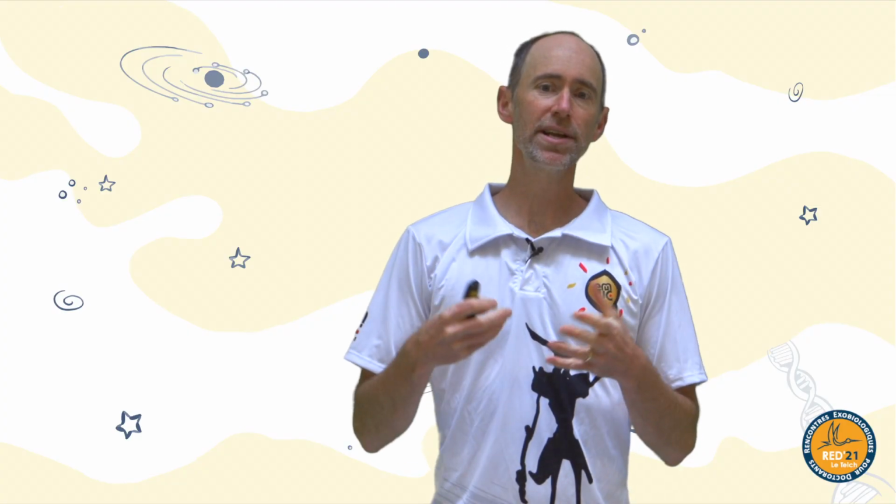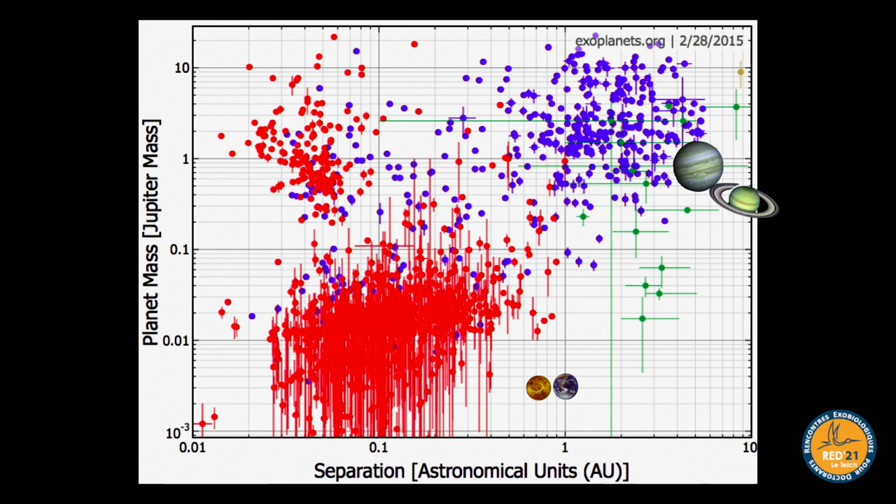So just as a recap, remember this is the population of exoplanets that we've detected so far. And again, this is not perfectly up to date, but these general populations still hold. The super-Earths are this population of mostly red points, close to their stars, at sizes or masses a little bit bigger than Earth.